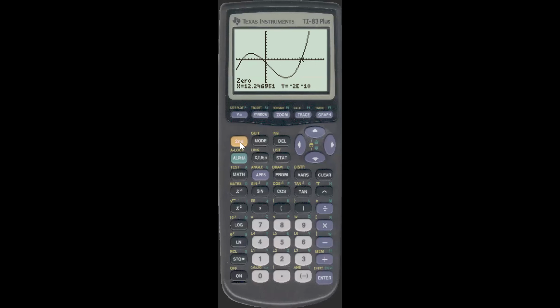Okay, the next thing we have to do is find the mins and the maxes. It's a similar procedure. You go to second calc, and the minimum. We're going to find the min first because we're closer to it. So it says left bound again. You know the min is about there, but you go somewhere left of it. Enter, go somewhere right of it, and enter, enter.